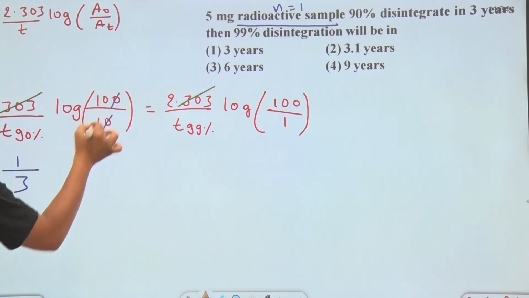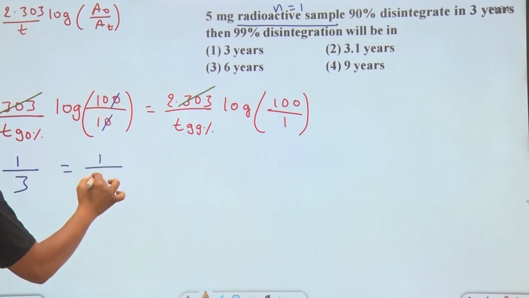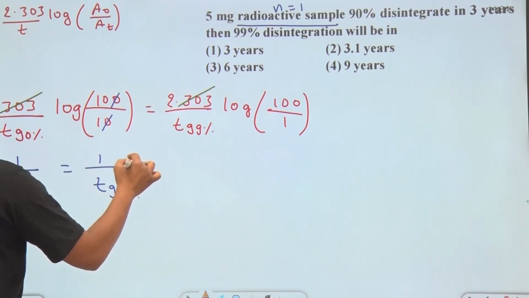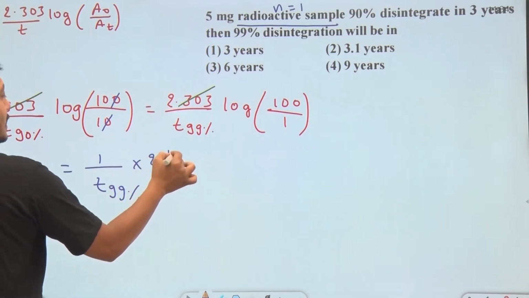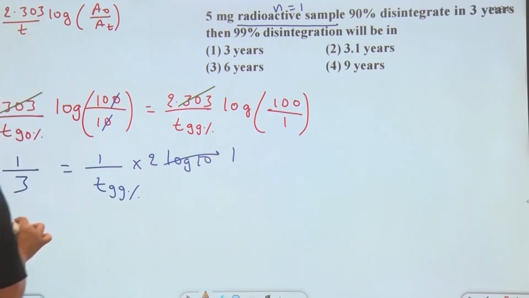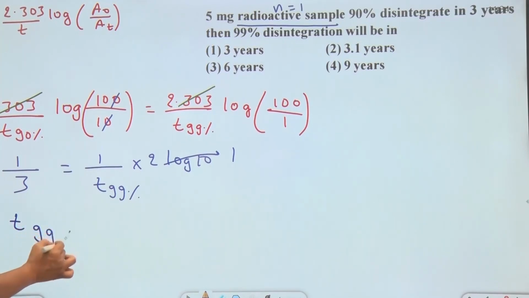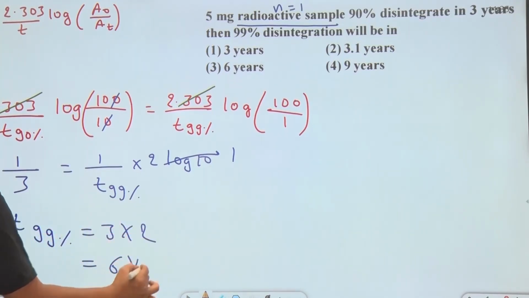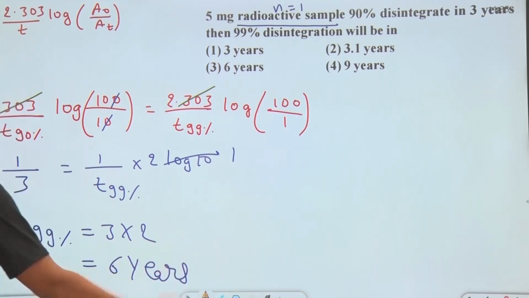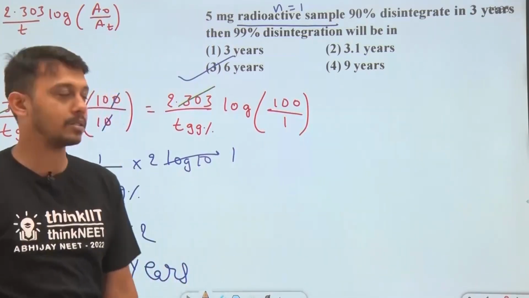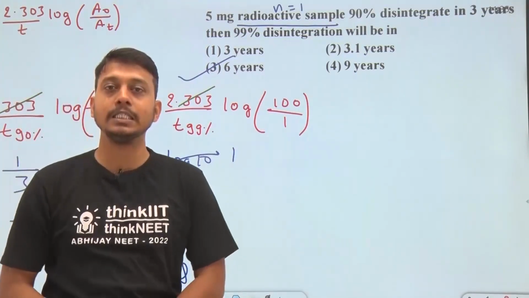It is log 10, which means 1, that is equals to 1 by T 99%. It is log 100, which means 2 log 10, and log 10 is 1. So T 99% is 3 into 2, that is 6 years. So 6 years are required to disintegrate 99% of this radioactive substance. Hence option number 3 is the correct choice.